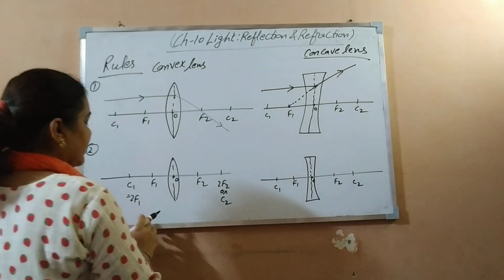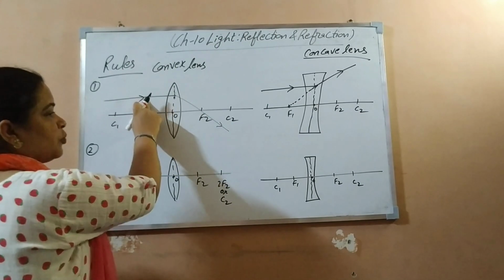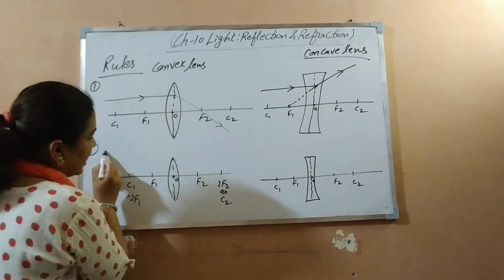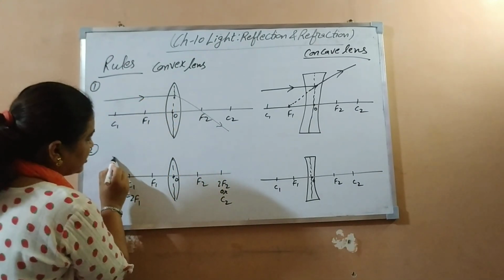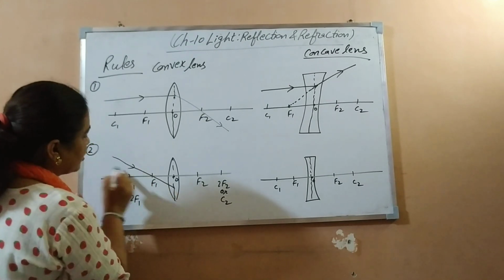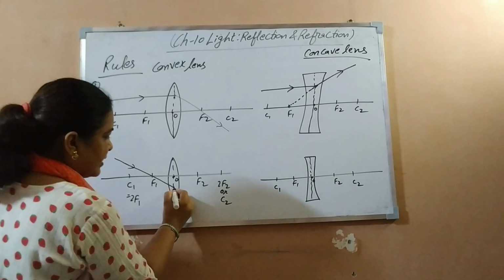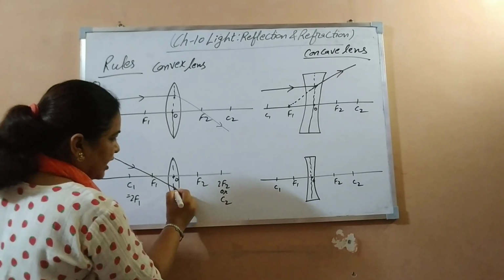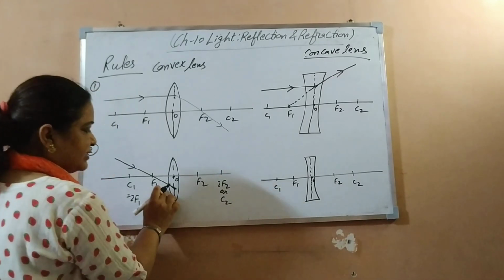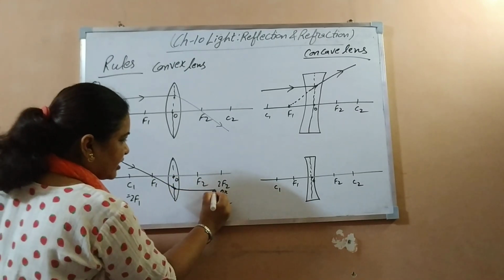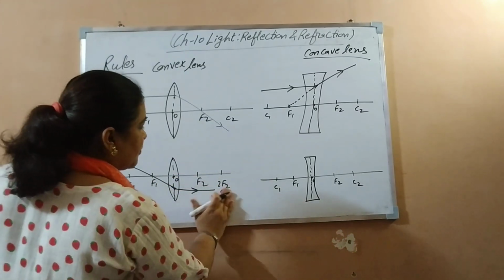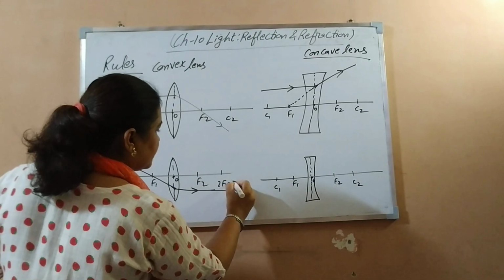Clear? Now, if an incident ray from any object passes through the focus of a convex lens, then after refraction, this is incident till here, it would be parallel to the principal axis.